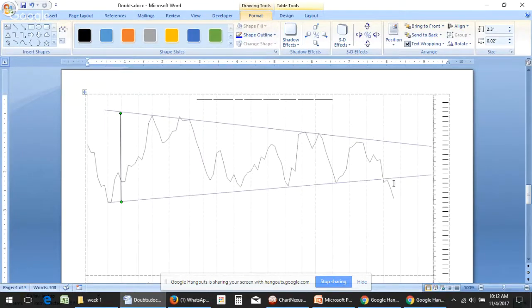Usually, when it breaks out, it'll go down about the same height. So if this is whatever it is, 100 rupees or 200 rupees, this breakdown here should be about that. Remember, it's a target, it doesn't mean that it will actually achieve it. But that is the initial target that you should plan for the trade.